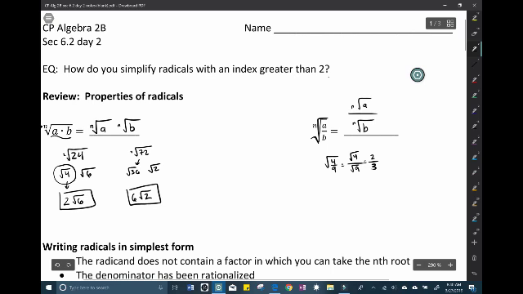Another example, say you had the square root of 7/25. You could split that up as the square root of 7 all over the square root of 25, which would be the square root of 7 over 5. Those were just different examples for that.